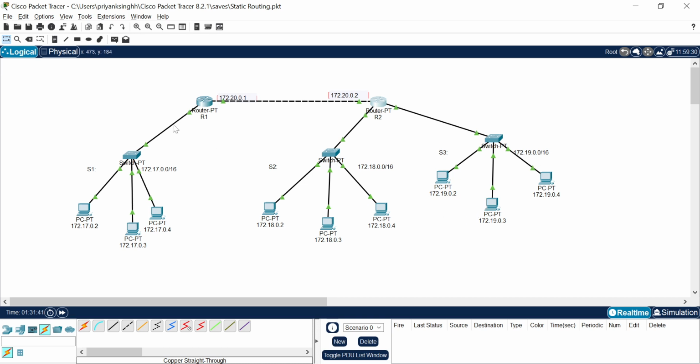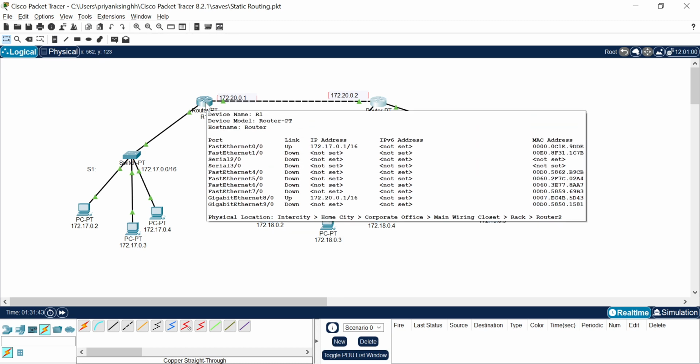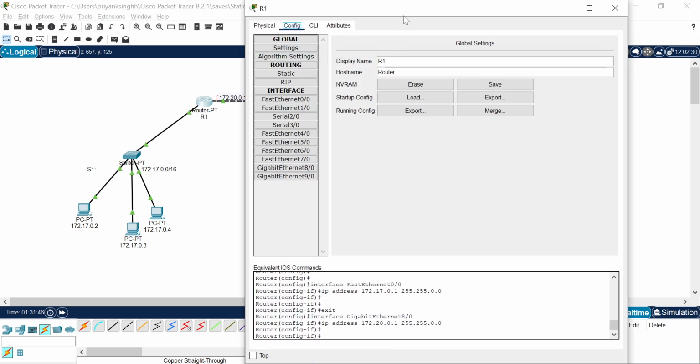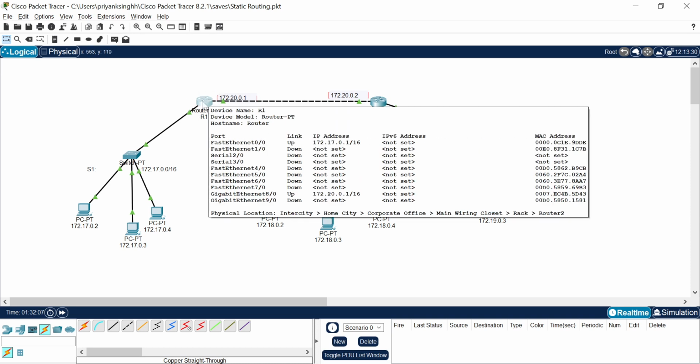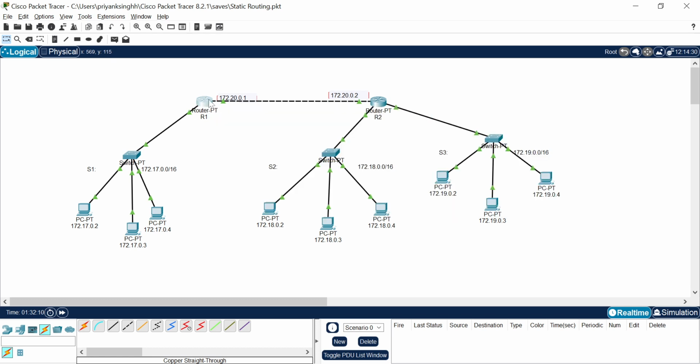Now I have to configure my static routing over here. So I click on R1. At router 1, I have to enter information of these two networks that belong to router 2, and their network IDs are 172.18.0.0/16 and 172.19.0.0/16, so that any packet having a destination IP address of these two networks gets forwarded to router 2, and its next hop value is 172.20.0.2.